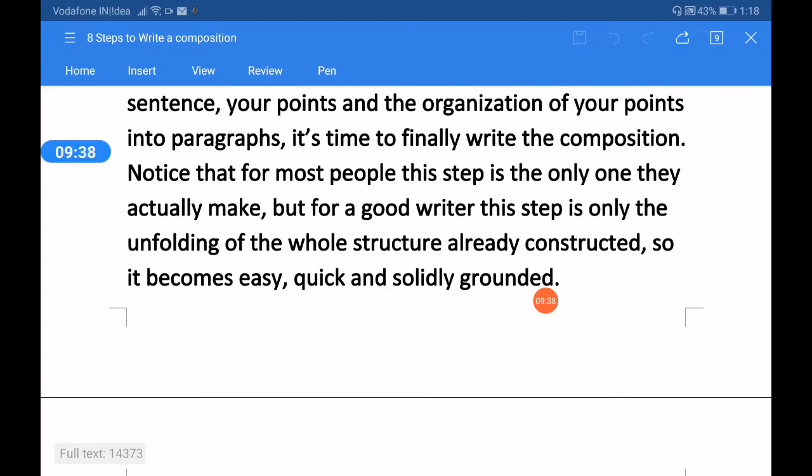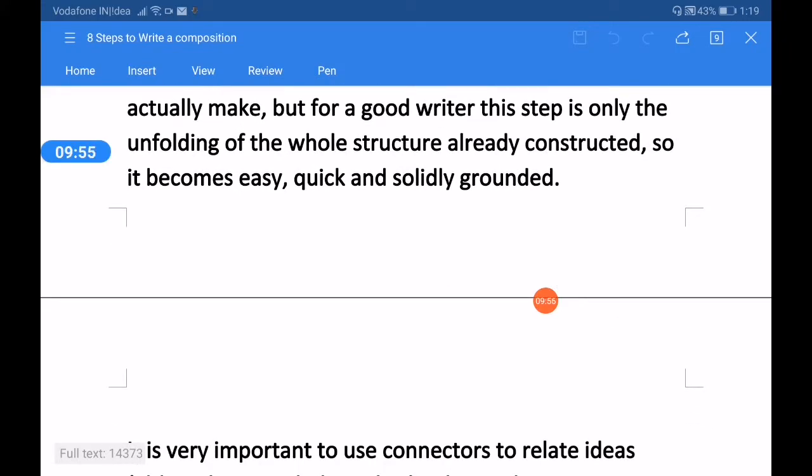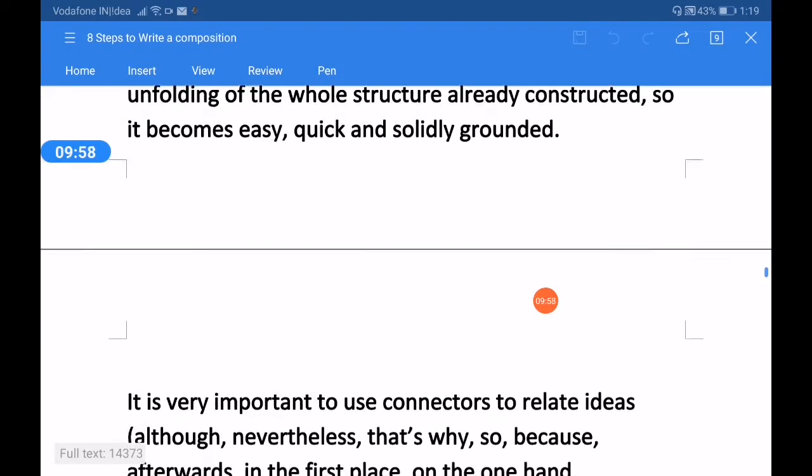Notice that for most people, this step is the only one they actually make, but for a good writer, this step is only the unfolding of the whole structure already constructed, so it becomes easy, quick, and solidly grounded.